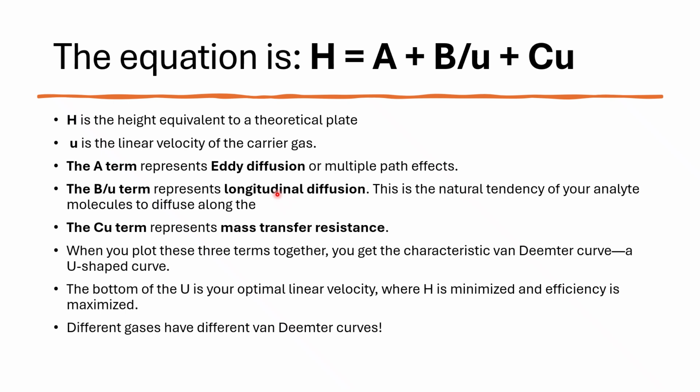So as the carrier gas molecules travel through the packed column or around the stationary phase in capillary columns, they take different paths. Some paths are longer, some shorter, leading to band broadening. The A term is independent of flow rate. So it's a constant horizontal line on the Van Deemter plot.